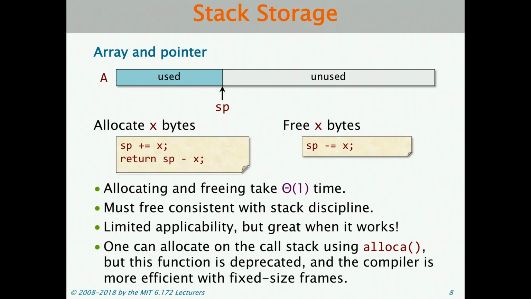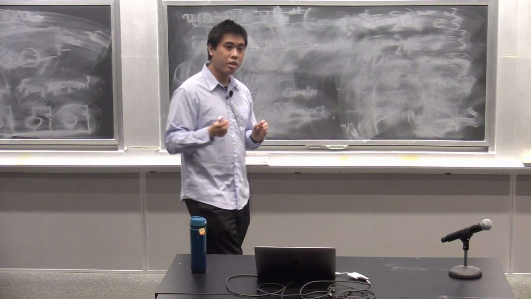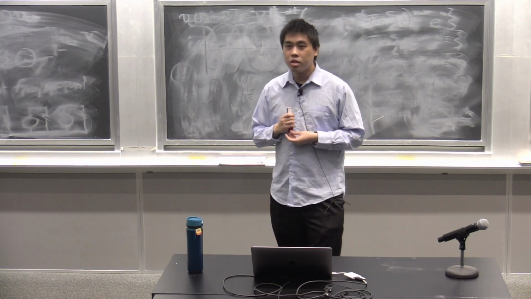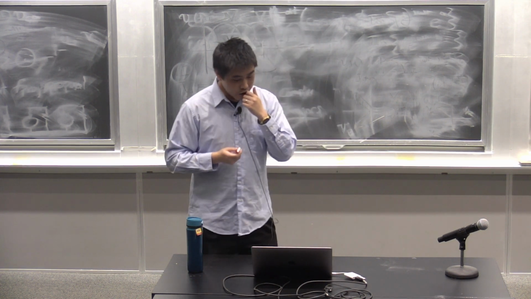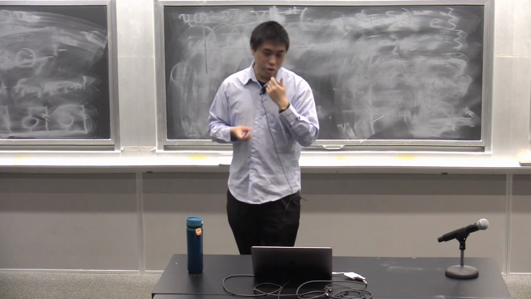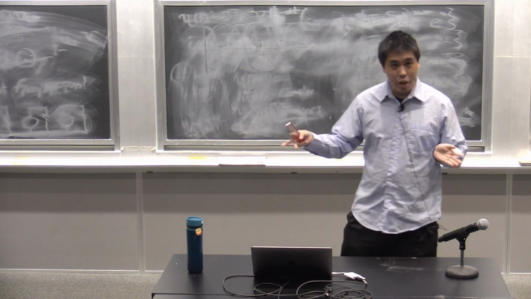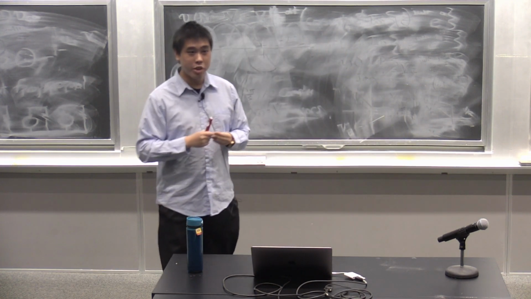Does anybody see why you can't do everything with just the stack? So what's one limitation of the stack? Yes. It turns out that you can actually pass a compile time constant to make the stack bigger if you wanted to. There's actually a more fundamental limitation of the stack. Yes?